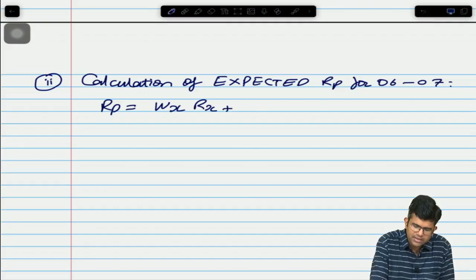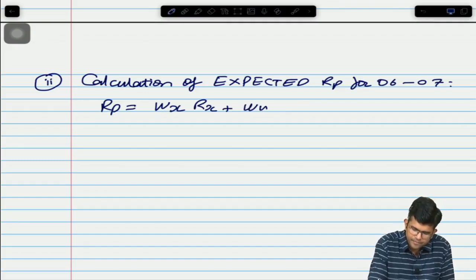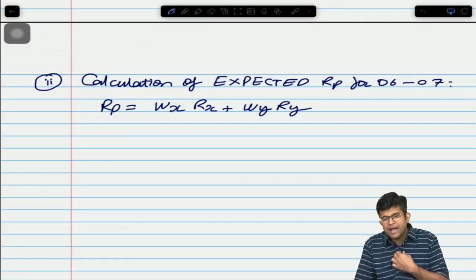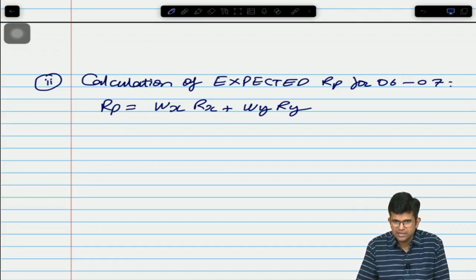Wx Rx plus Wy Ry, that will remain same only. But the only difference now is that Rx and Ry won't be the actual Rx and Ry of last year. It will be the expected Rx and Ry of the future year. Everybody clear on that is the difference? Everyone listening?